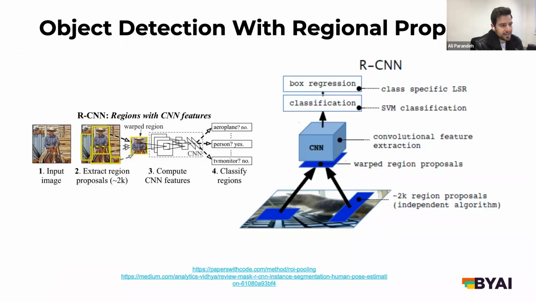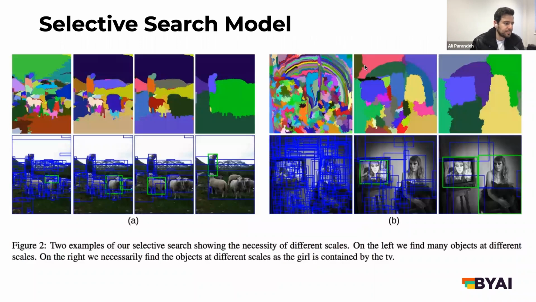So remember, in the bit where we are extracting the region proposals, the 2K region proposals, a region proposal is basically the bounding box, the crop that we're going to take out, warp, and then pass to the network. In that part, we use an algorithm called selective search. What it does is try to come up with bounding boxes in a smarter way rather than just random bounding boxes.